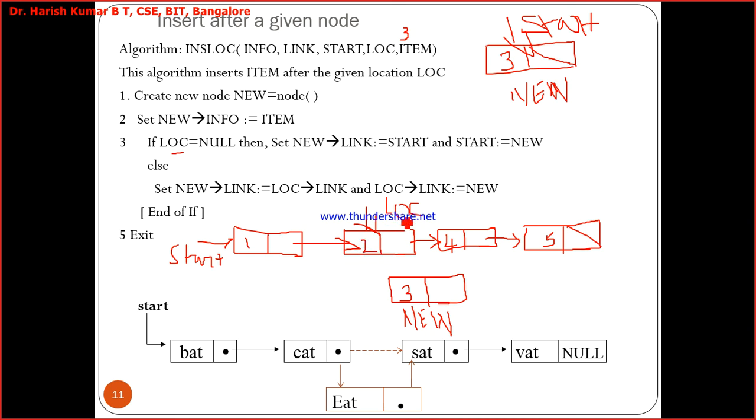Now let us assume location is pointing to this. Now what do I have to do? New arrow link is equal to location arrow link. Okay, now what I'm doing, observe: new arrow link, this is the new node, this field is equal to location arrow link. If I assume location is pointing to this, location arrow link is what?